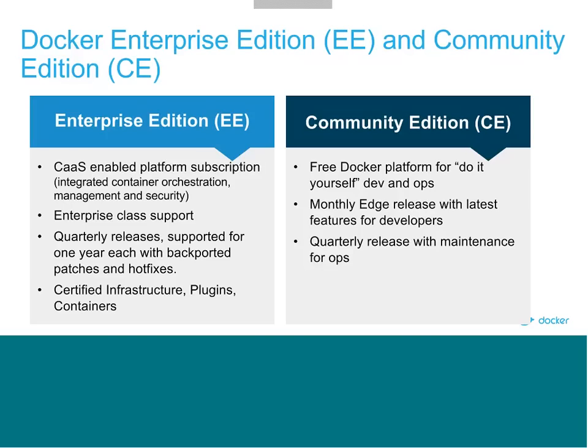And as mentioned, we certify Docker Enterprise Edition on a set of infrastructures and operating systems, and there's a bunch of certified plugins and containers that you can run on top of it.